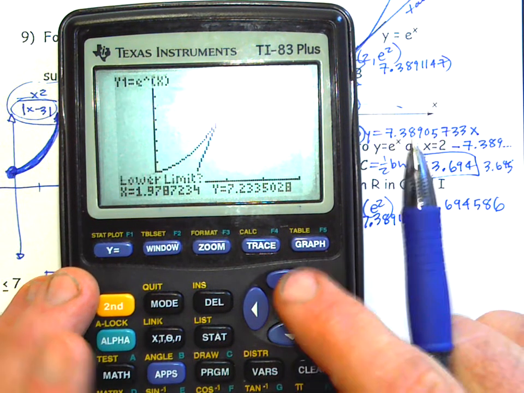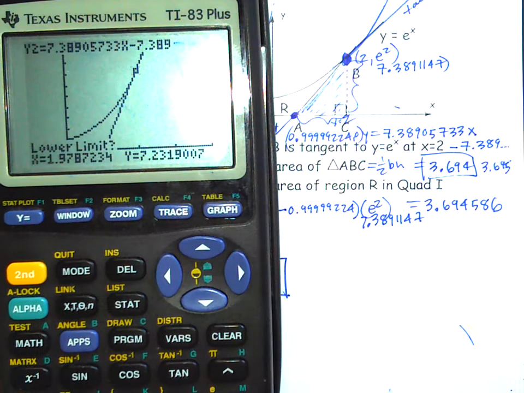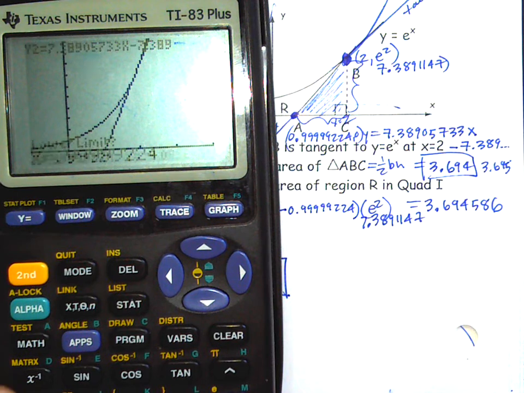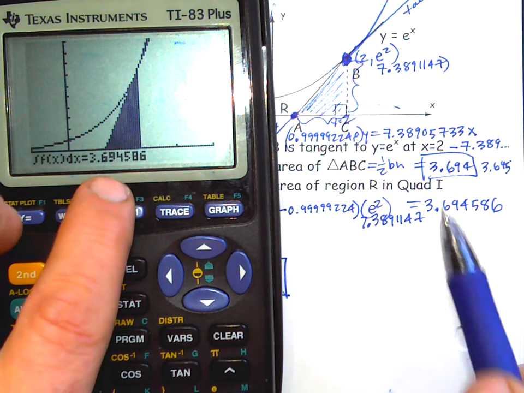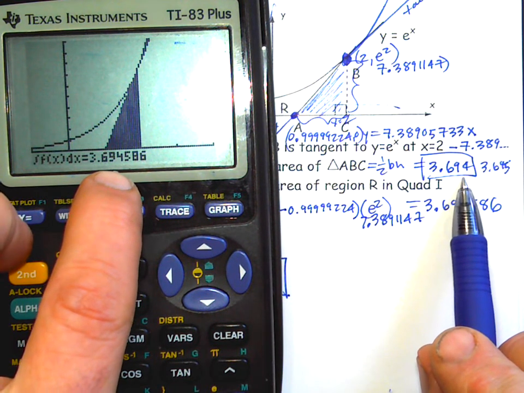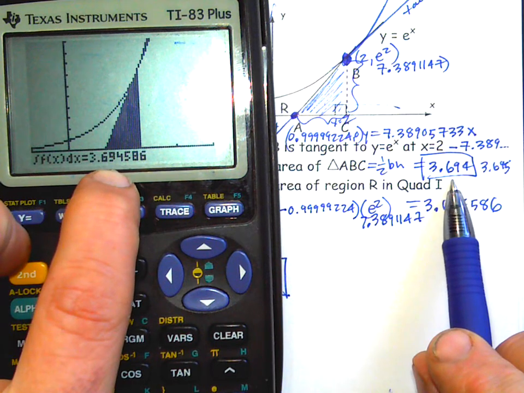Make sure you select the correct curve, and then type in the limits. The lower limit is 0.999999224, the upper limit is 2, and then I'll shade it in and give you the answer. That would give us the exact same answer we got the other way, rounded or truncated. At least at 3 decimals, it'll be the same.